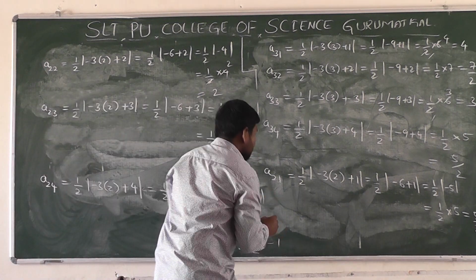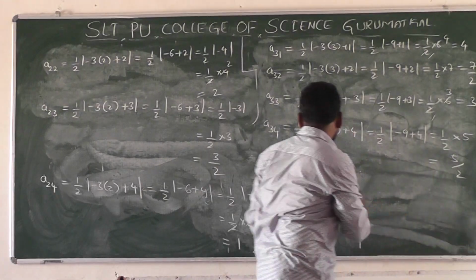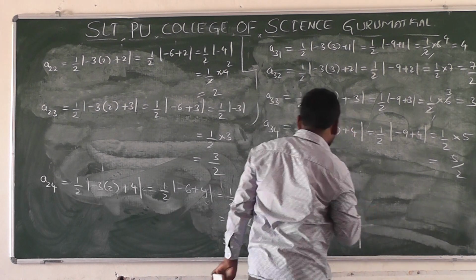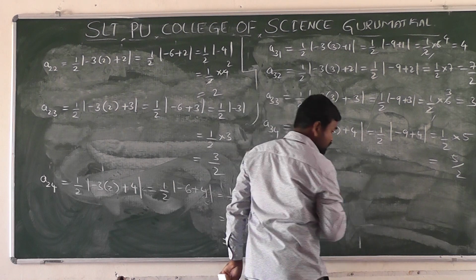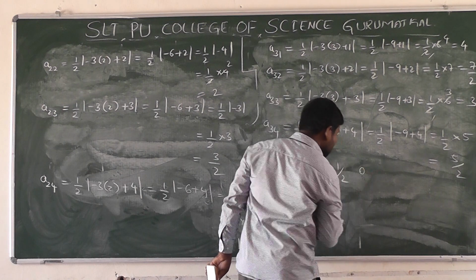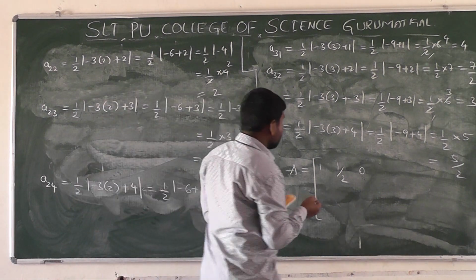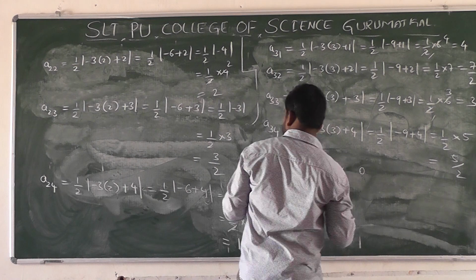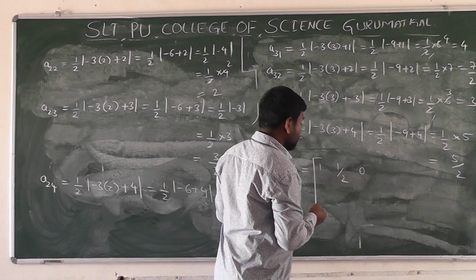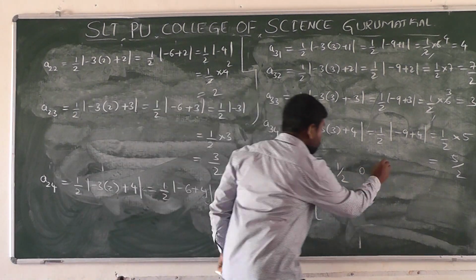in the matrix. A given matrix A is equal to, in the given matrix, first row first column element 1, first row second column element 1 by 2, first row third column element 0, and first row fourth column element 1 by 2.